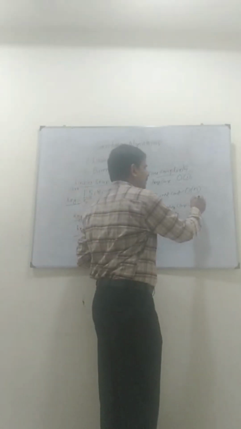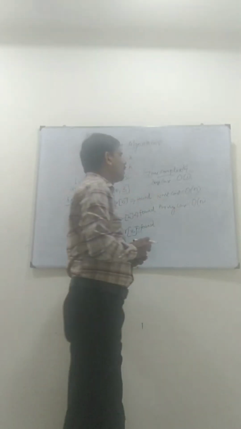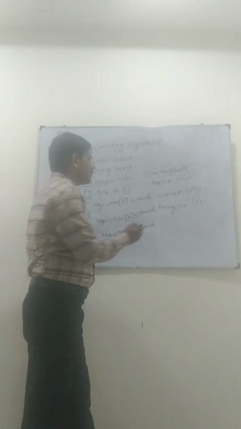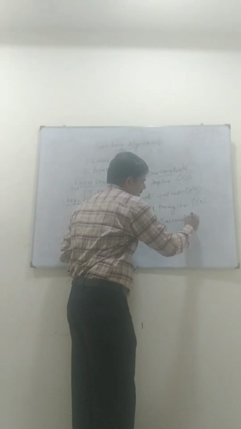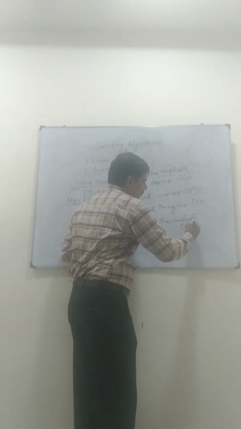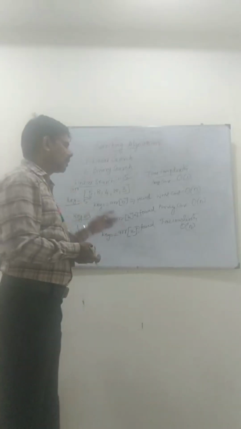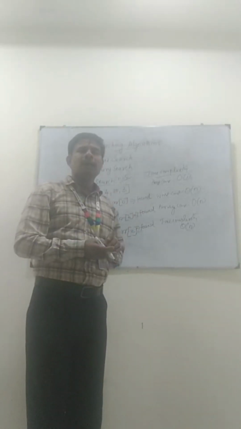Therefore, commonly we can say the average case is also big O of n. So commonly we can say the time complexity of linear search is big O of n. Big O of n means it commonly takes n iterations.